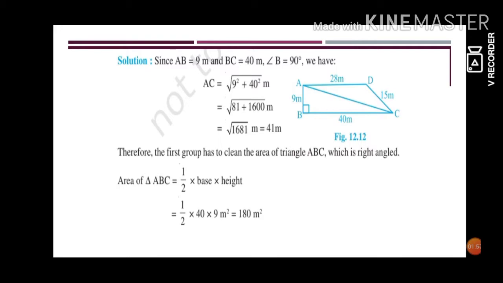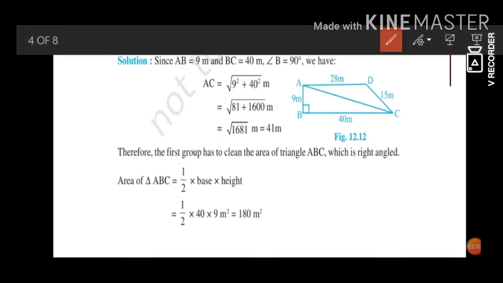If we add this up, we get 1681, which is the square of 41. So our value for AC is 41 meter. So now we have three different sides. This AC is 41, which will be required for our next part, that is to find the area of ADC.